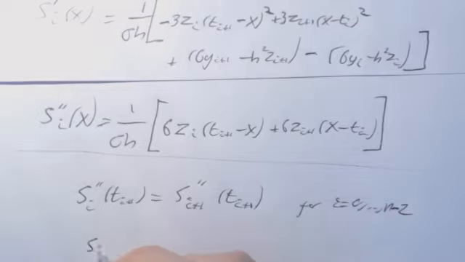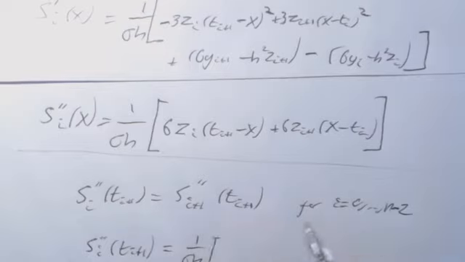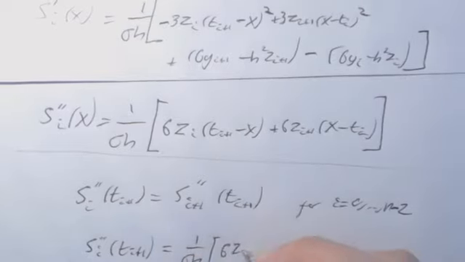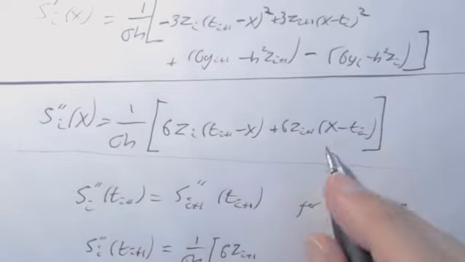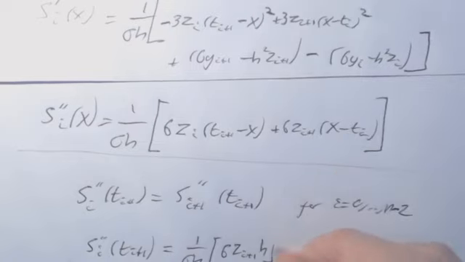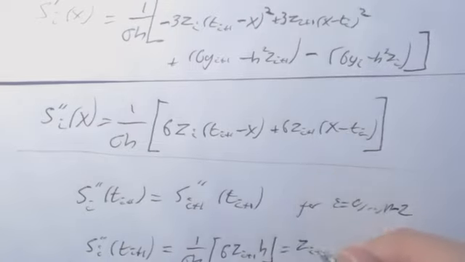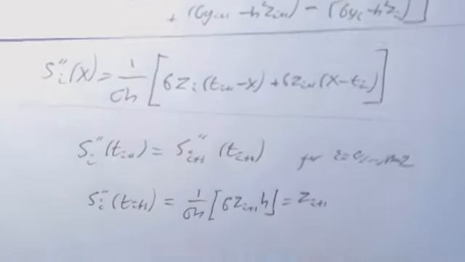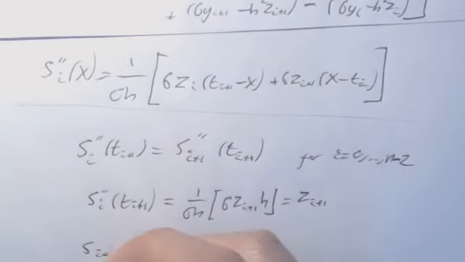So s_i double prime t_i+1 is going to be equal to 1 over 6h. This bit's going to be 0, so it's going to be 6z_i+1 (t_i+1 - t_i), that's just h, so it's equal to z_i+1. And s_i+1 double prime t_i+1.